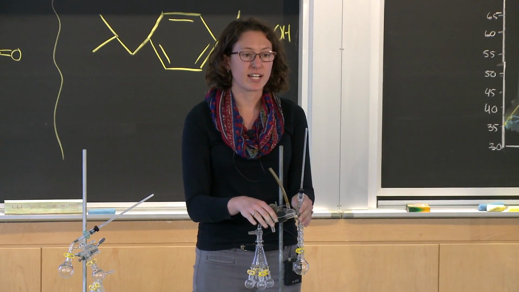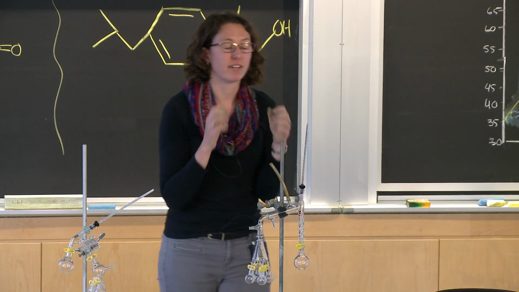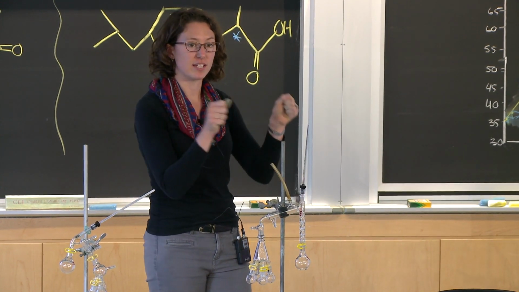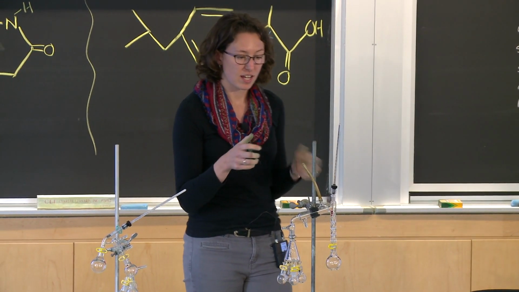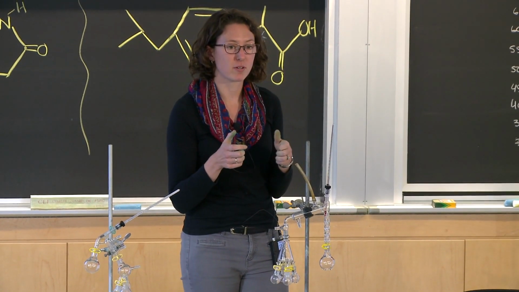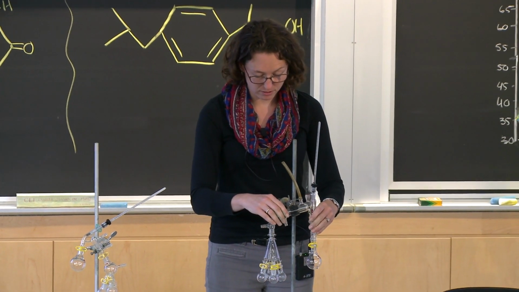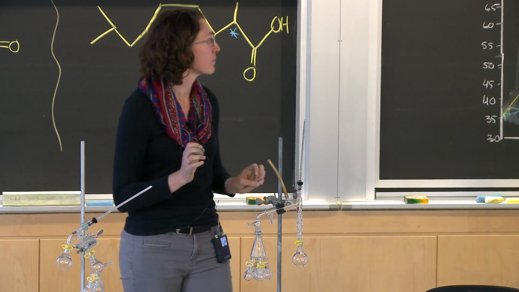So when you get this, you're going to get it as a kit from the stockroom, and it will have this one big piece of glassware in it. So be very careful when you are opening and taking things out of this kit, because this is a large piece of glassware. It should be wrapped in bubble wrap in most cases, but we don't want to break it because it is expensive and a specialty piece of equipment.